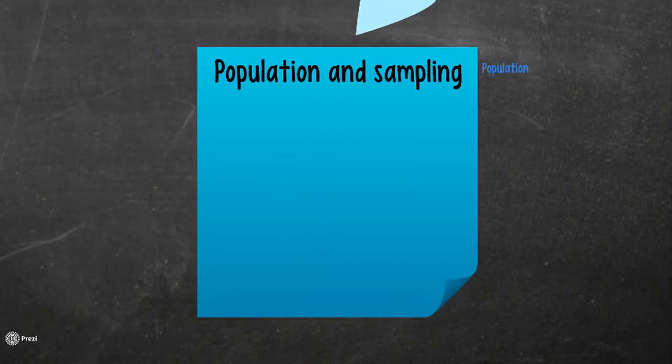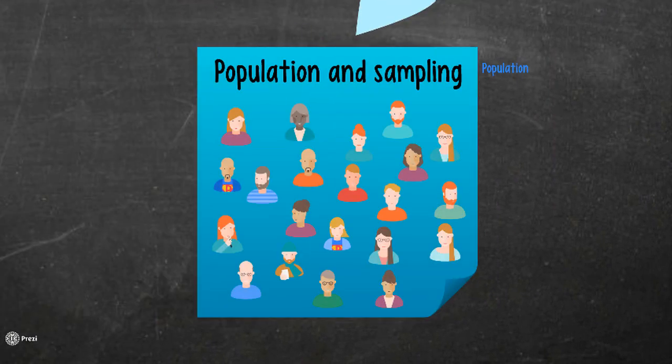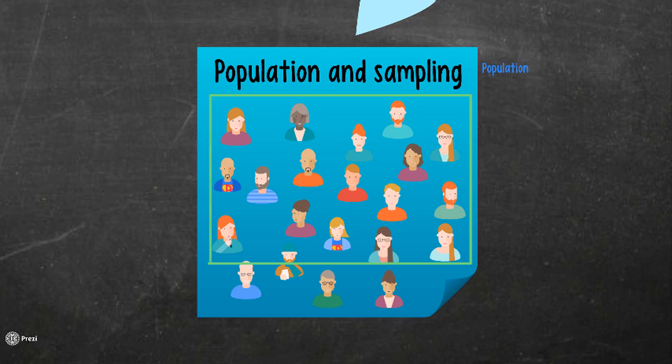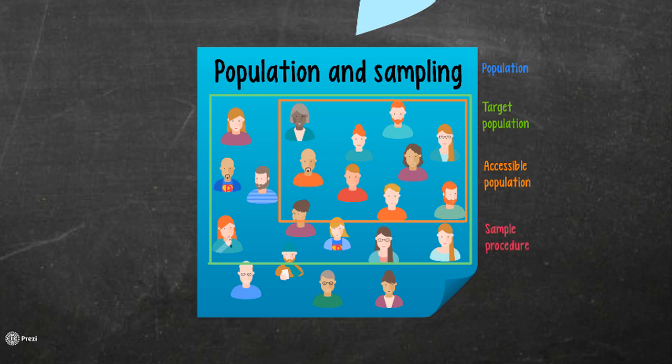Now, when you deal with the population, you will have to describe who your population is. Then you will have to say, from this population, who are the ones that you are actually targeting in your research? And from those that you are actually targeting, which are the ones that you actually have access to? And from the ones that you have access to, how will you select those that actually form part of your study at the end?